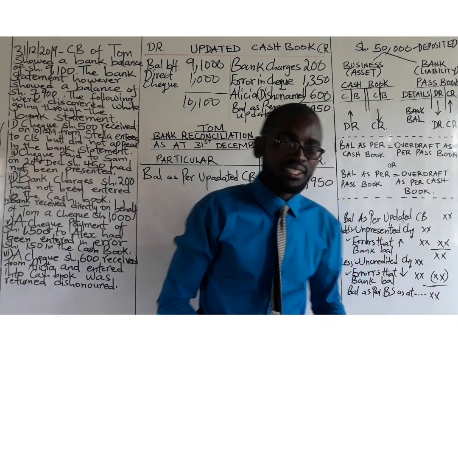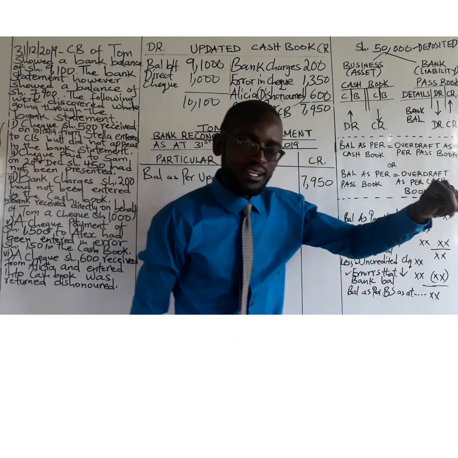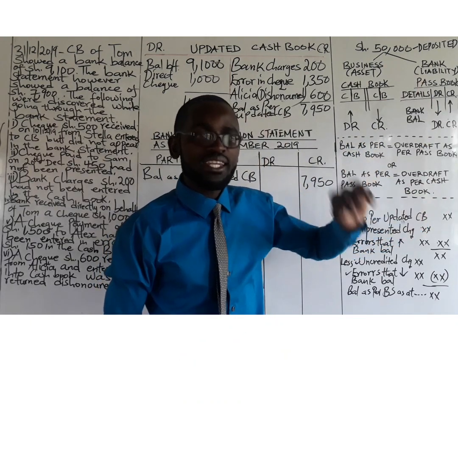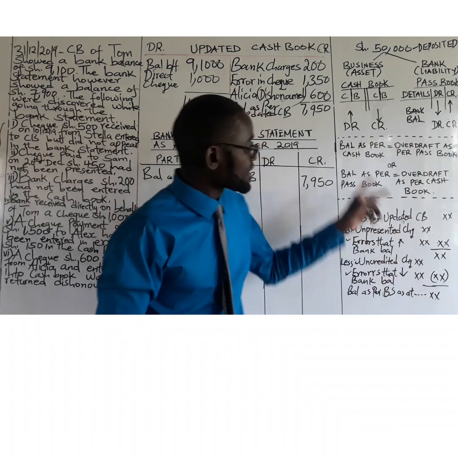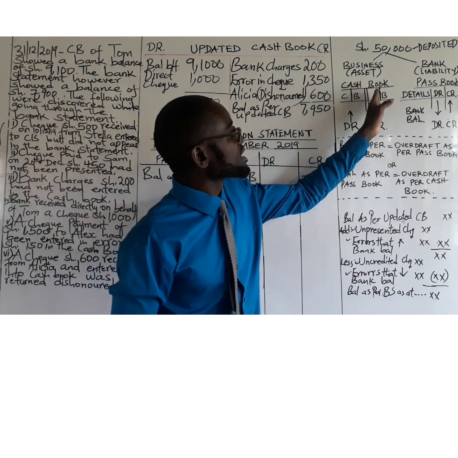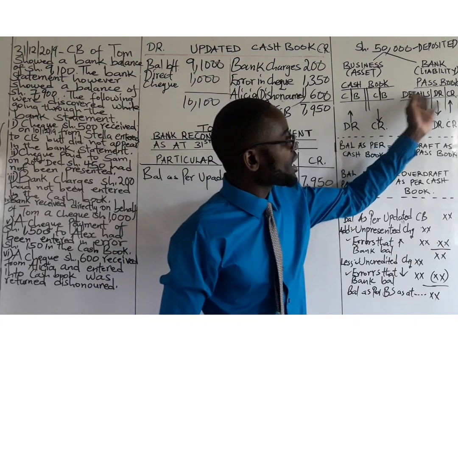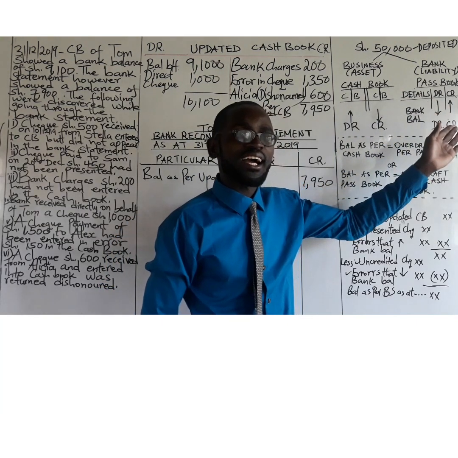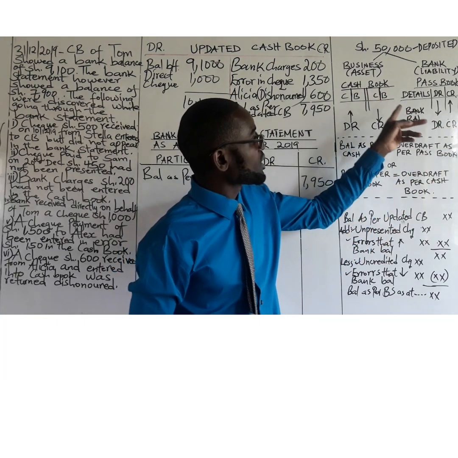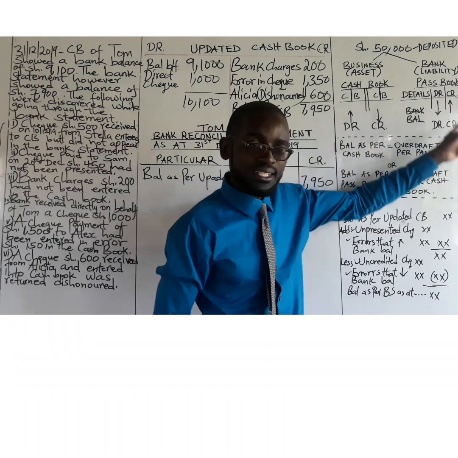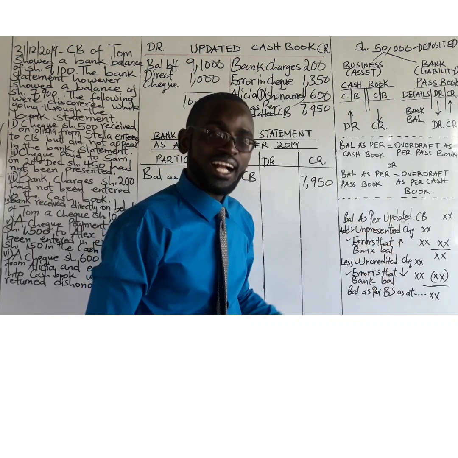This is a check that the business had written to a supplier who failed to take it to the bank. In this case, the cash book has already been reduced with that amount of check, but the balance in the bank is still higher. It's supposed to be reduced because that check is supposed to reduce the cash book and also reduce the liability. Now we're supposed to add it because it still forms part of the cash book.